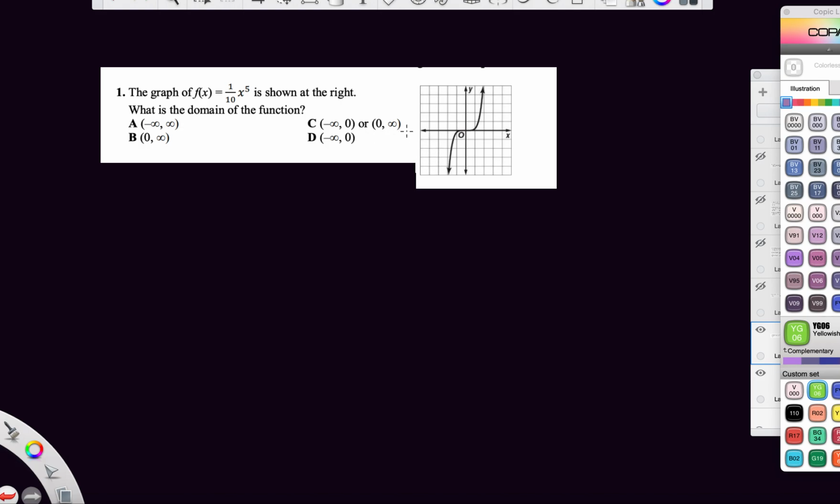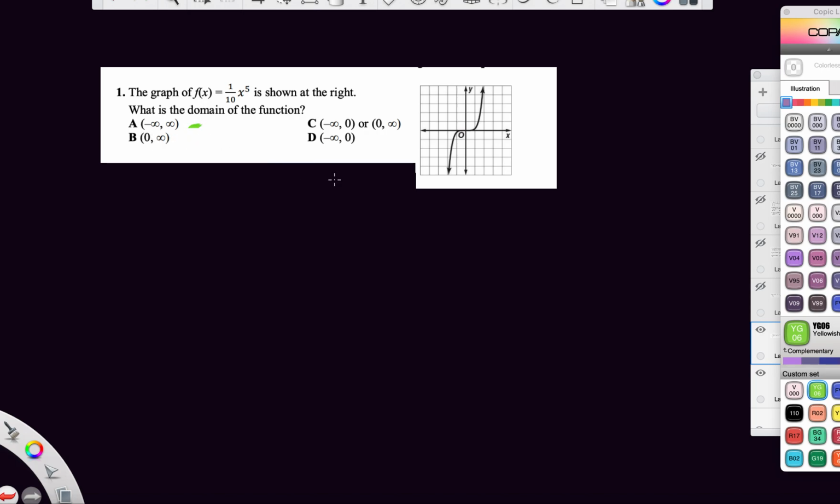The domain is, of course, any x value you can put in, and it will have some sort of output. With this type of function, there are no asymptotes, so it doesn't get split up, and it's not only on one side of the graph or the other. It goes infinitely in both directions. So the answer to this one is A.